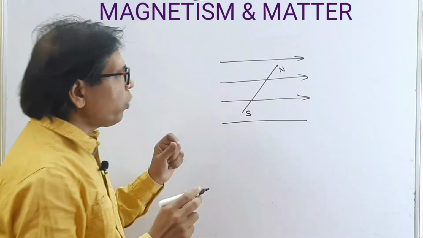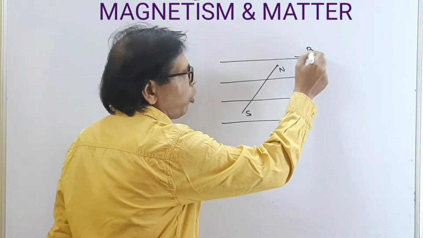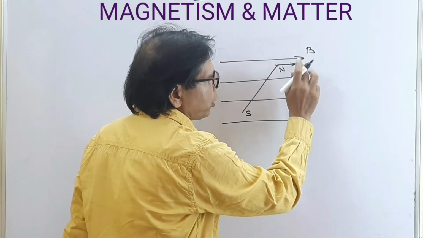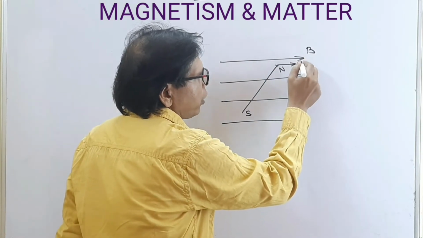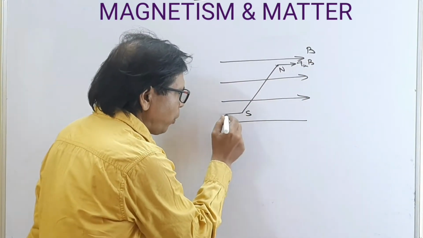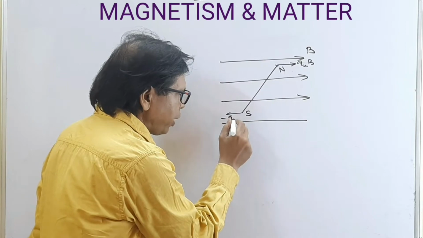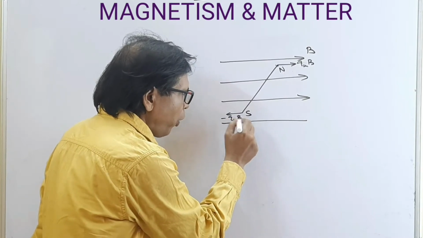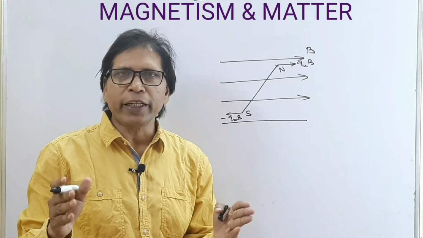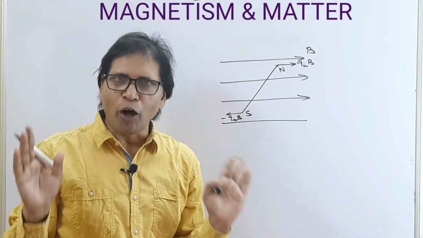If B is the strength of the magnetic field, the N pole experiences a force Qm times B, and the S pole experiences a force minus Qm times B, where Qm and minus Qm are the pole strengths of the north pole and south pole.